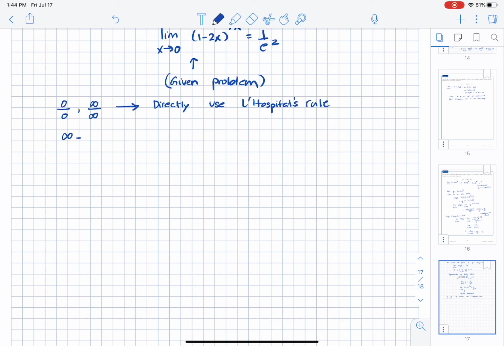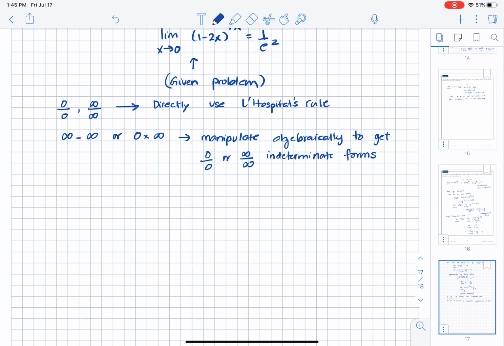If we have infinity minus infinity or 0 times infinity, we manipulate algebraically to get 0 over 0 or infinity over infinity indeterminate forms. Then we apply L'Hopital's rule.